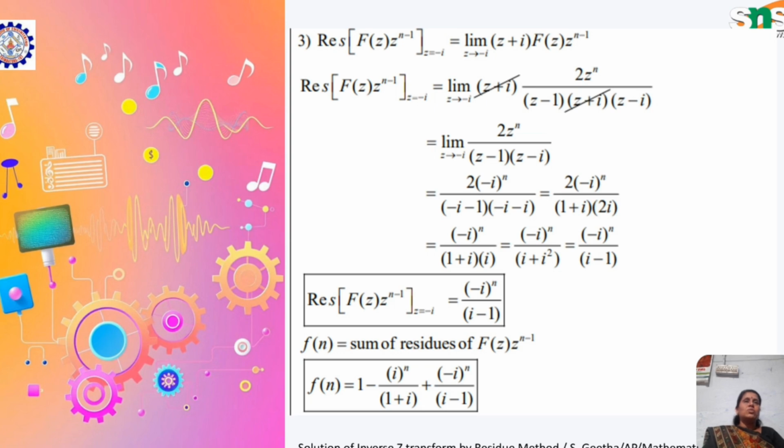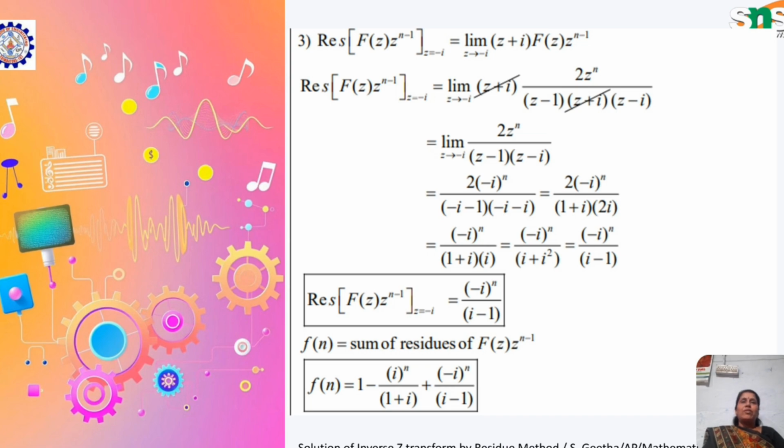Now substituting minus i instead of Z, we get 2 into (minus i) the whole power n divided by (minus 1 minus i) into (minus 2i). By simplification, the residue at the point Z equal to minus i is equal to (minus i) the whole power n divided by (i minus 1).